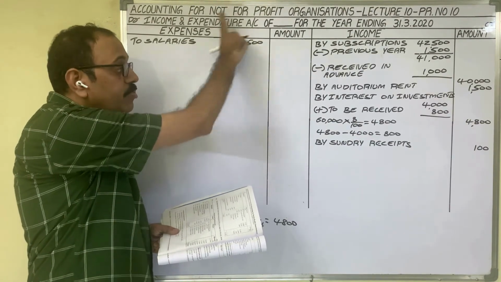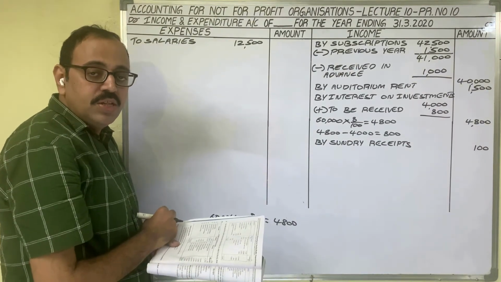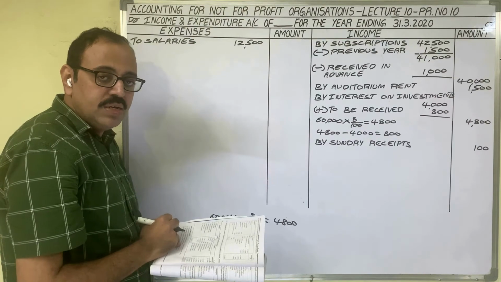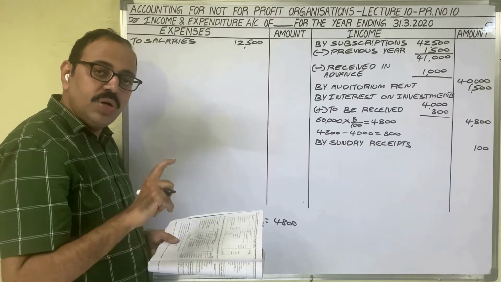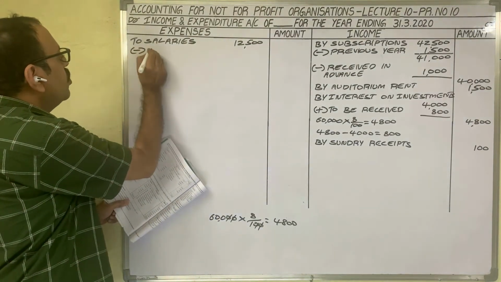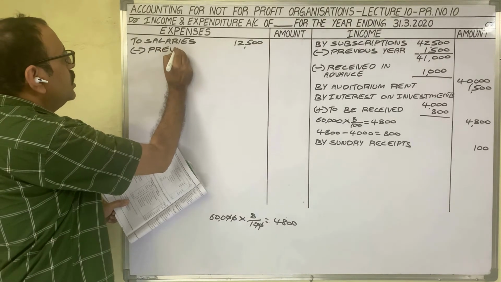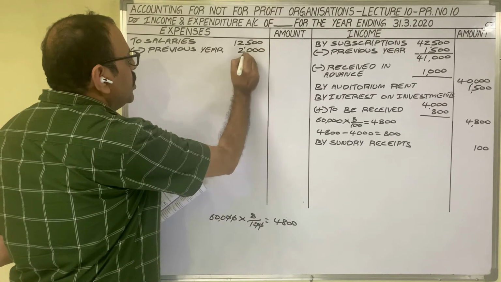You know, we are preparing this account to know the current year surplus or deficit. Therefore, only current year expenses and current year incomes we should consider. If any last year amount is included in the current year amount, we should deduct it. Therefore, last year salary we have to deduct: minus previous year salary amount 2,000 rupees.